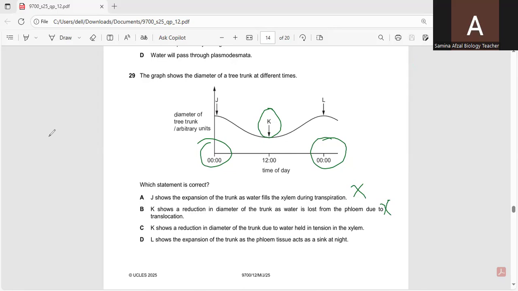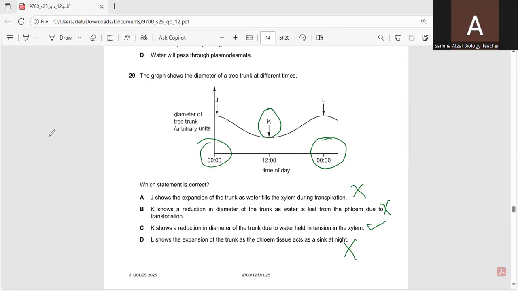Phloem's function is different. Phloem's function is translocation, not transpiration. K shows a reduction in diameter due to the water held in tension in the xylem. Yes. L shows expansion as the phloem tissue acts as a sink at night. Again, this is not right, as it shows reduction of the water tension in the xylem, and not the phloem acting as a sink.